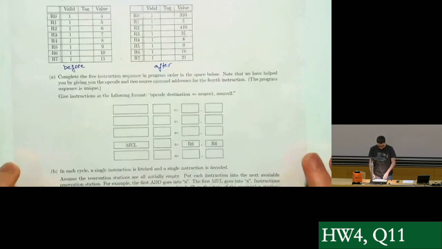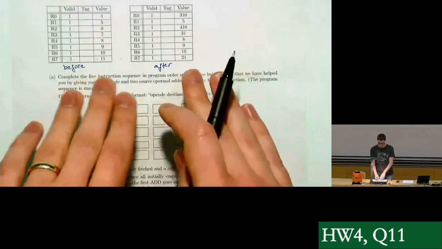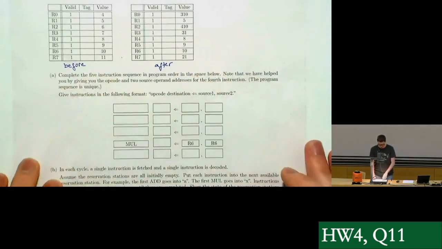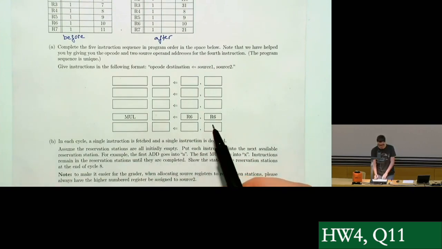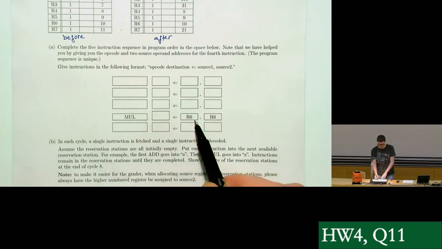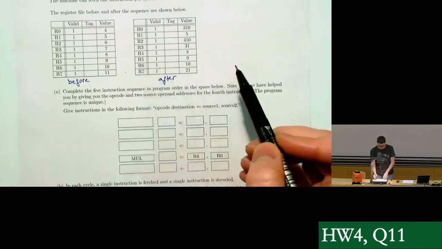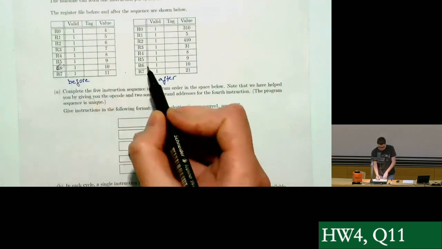So here, how can you figure out what the instructions are just by looking at those two tables, the before and after versions of the same table? There's a hint in this question: the 4th instruction is given to us partially. We don't know the destination register, but we know it is the multiplication of R6 and R6. When we look at the before and after versions of the register file, we can see that R6 is not modified.